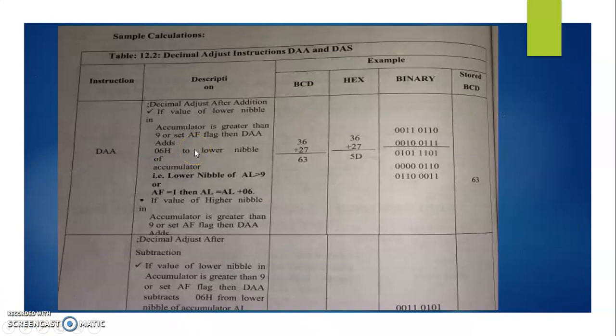Next you can see that 36 plus 27 is 63. First is the decimal adjust after addition.